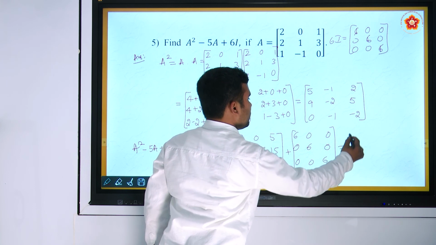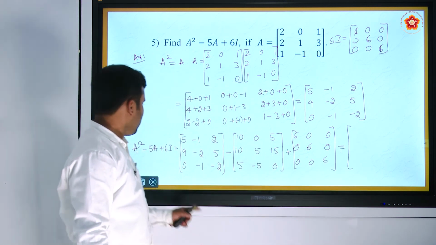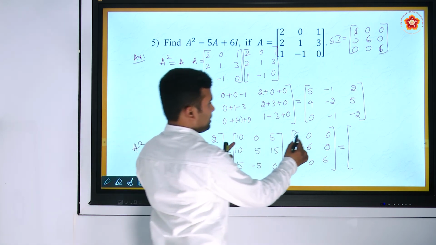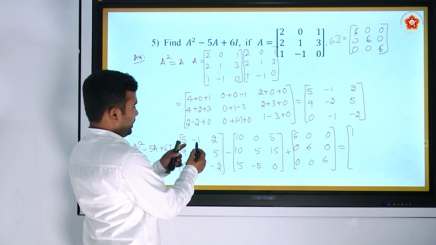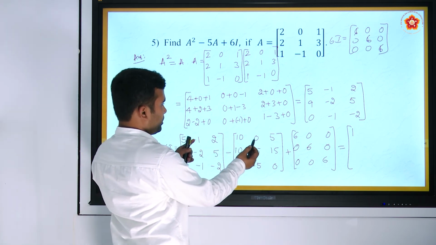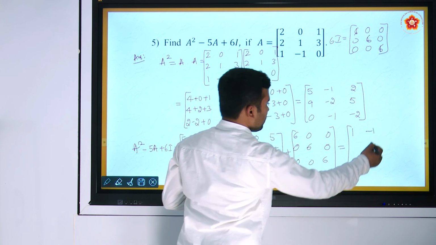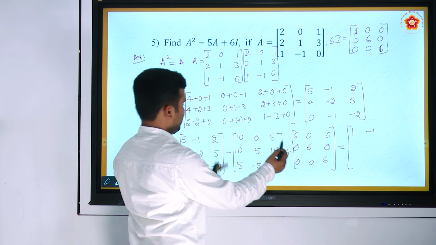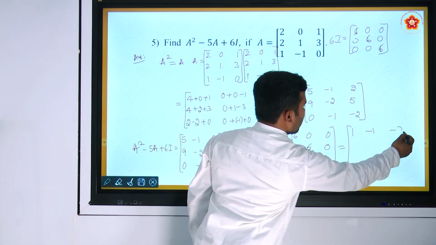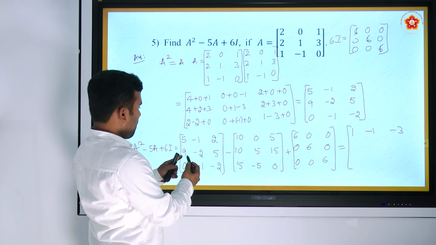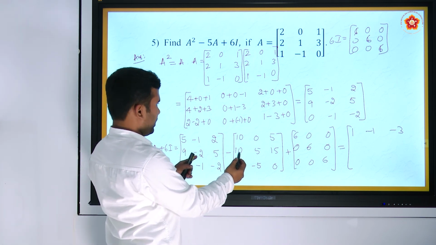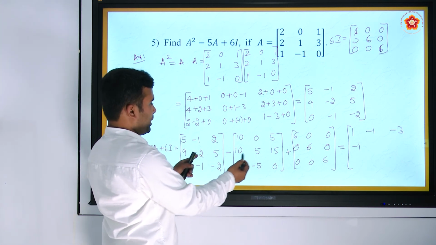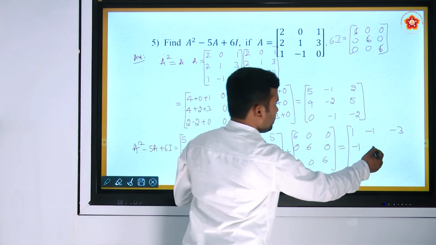So now what is the result? 5 minus 10 minus 5 plus 6 is 1. Next, minus 1 minus 0 plus 0 which is minus 1. Next, 2 minus 5 is minus 3. Next, 9 minus 10 is minus 1. 2 minus 2 minus 5 is minus 7 plus 6.